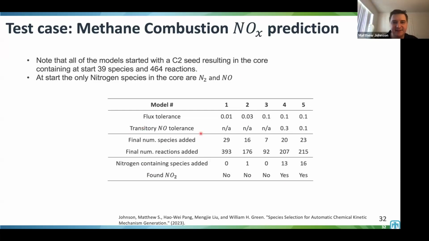However, once we add this transitory NO tolerance, we add lots of nitrogen containing species, because we're driving our species selection to go find reactions that will improve our NO concentration prediction. And so this can allow you to target individual, even trace species in a way that RMG's flux-based algorithm can't really deal with very well without you recontriving a new reactor system to try and deal with it.